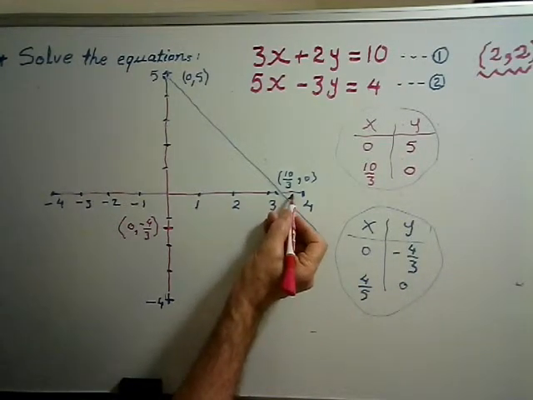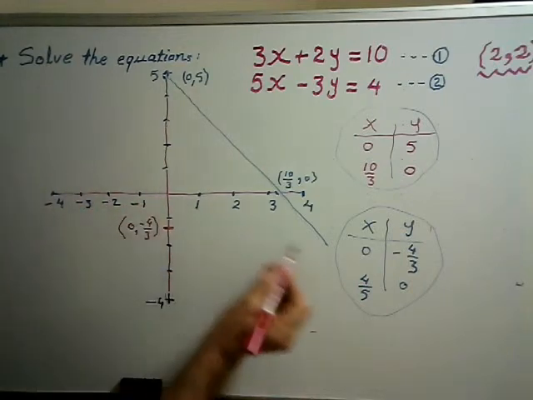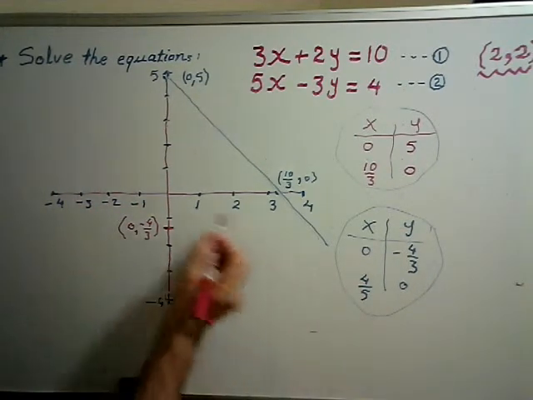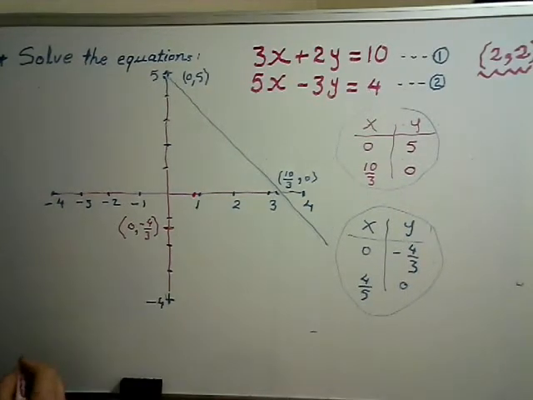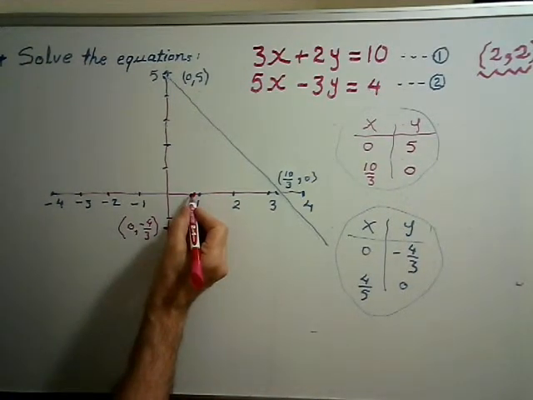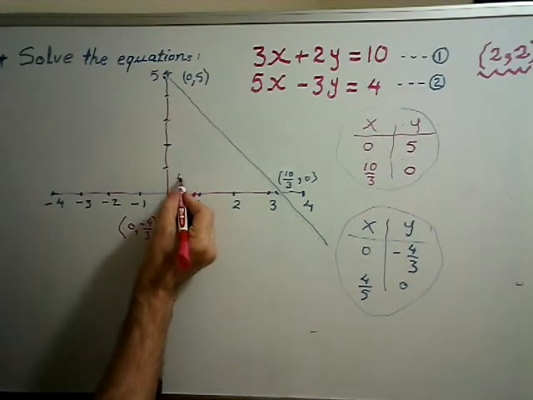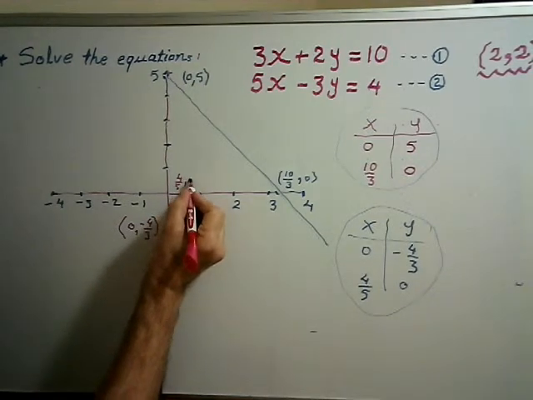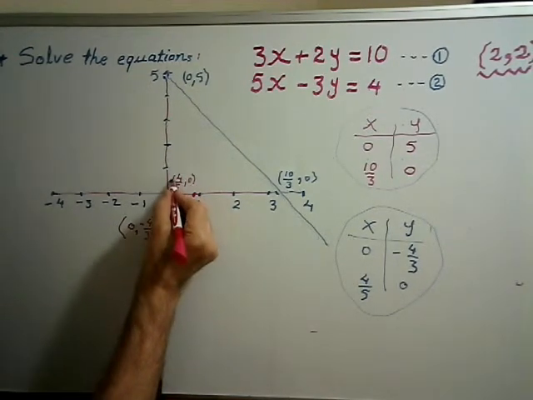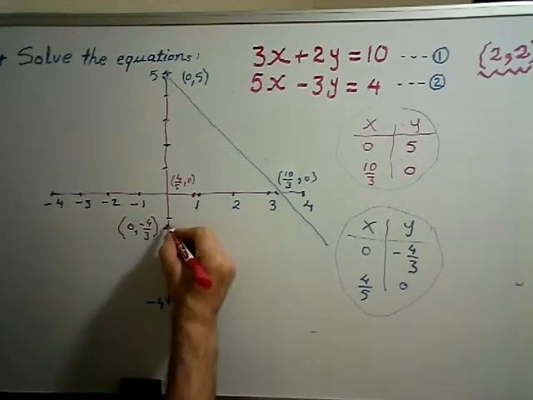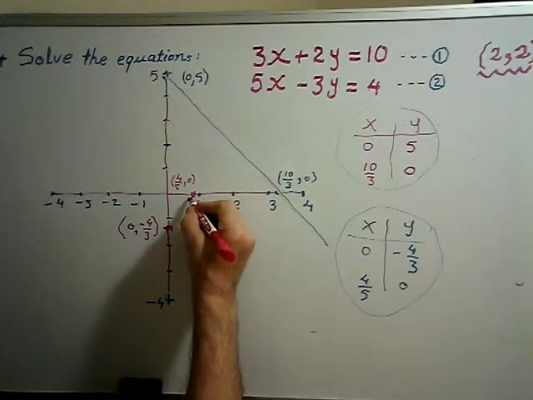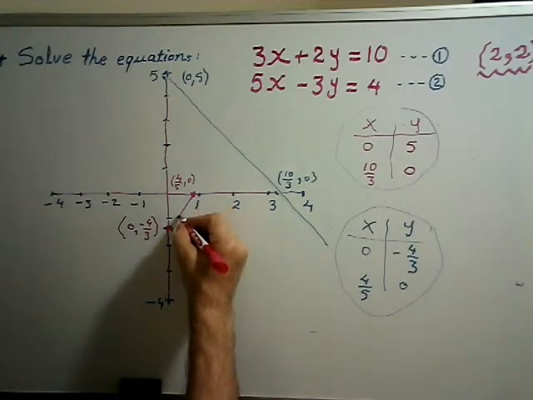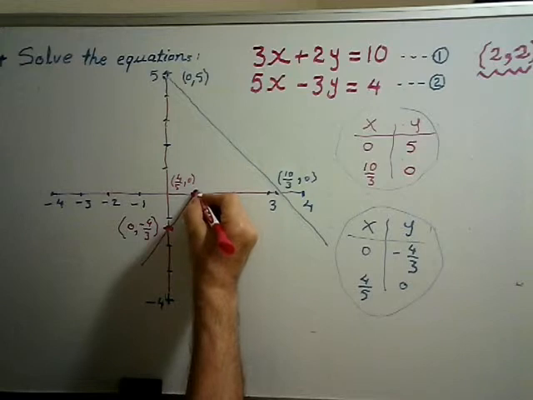Y is 0 on the x-axis. 4 over 5 means less than 1 here. So this point is 4 over 5 and 0. And we connect these 2 points together. So the line passes through these 2 points. This is this line.